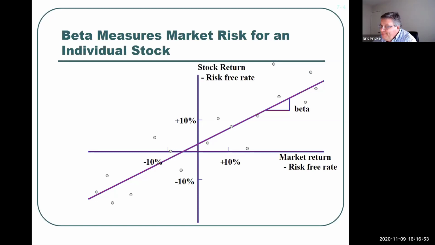So we're not going to worry about those error terms. If the model fits better, that's fine. But the important thing is, what's the overall average relationship between the stock and the market? Because we're focused on market risk.